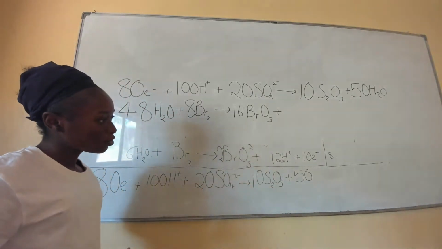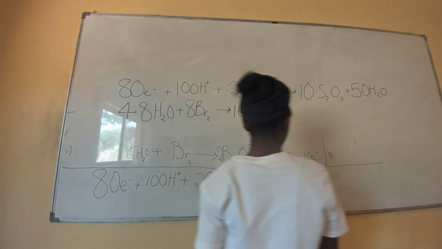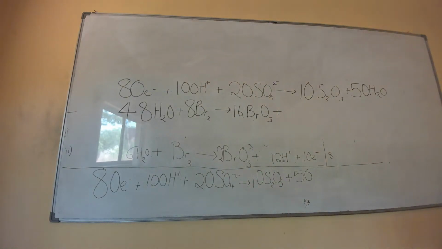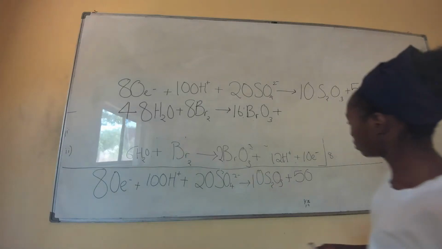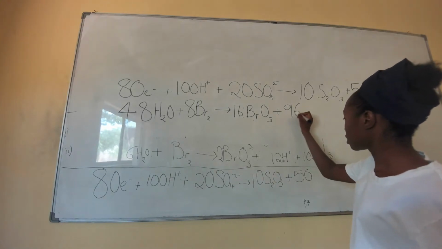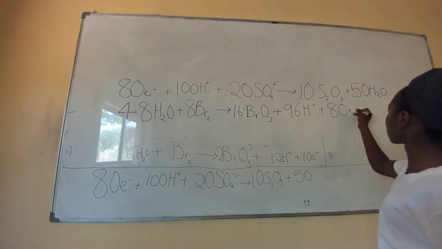Then we multiply the 8 by 12 to give us 96, plus 80 electrons.